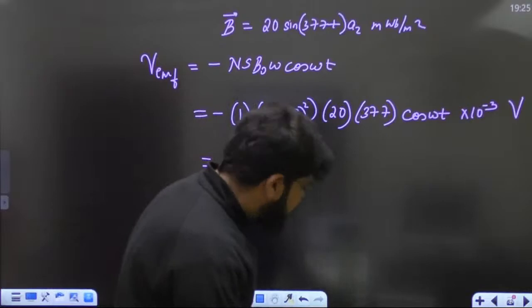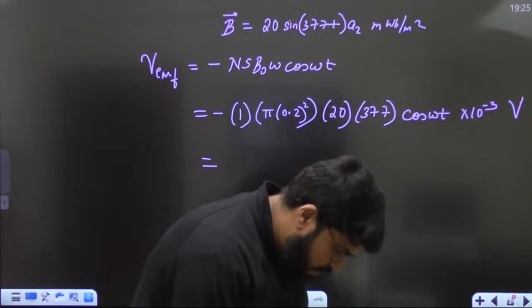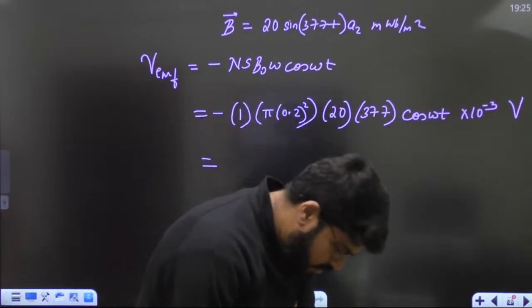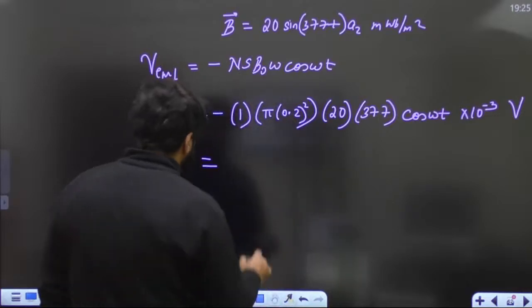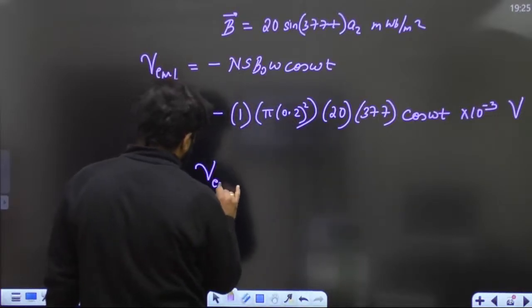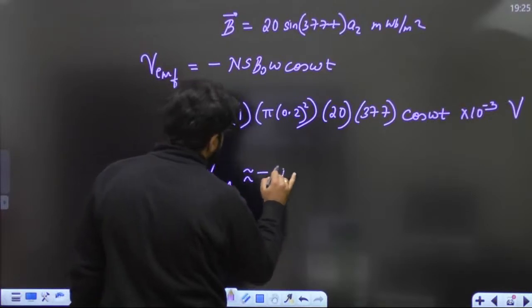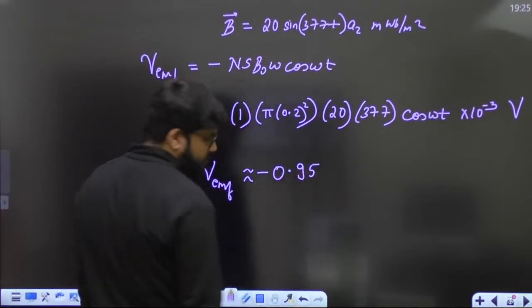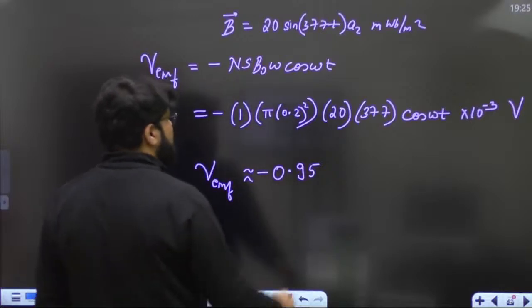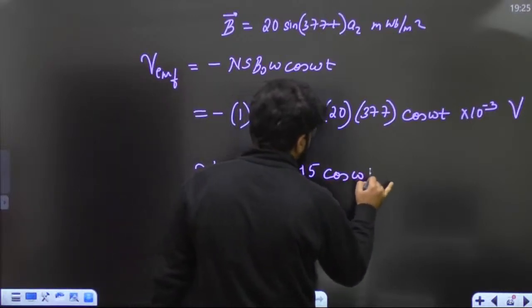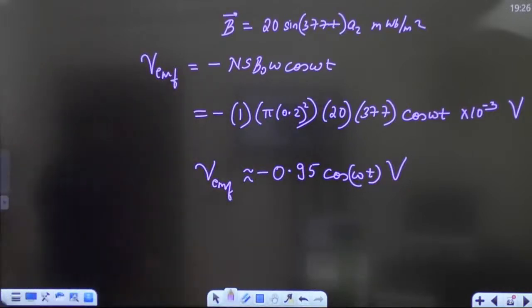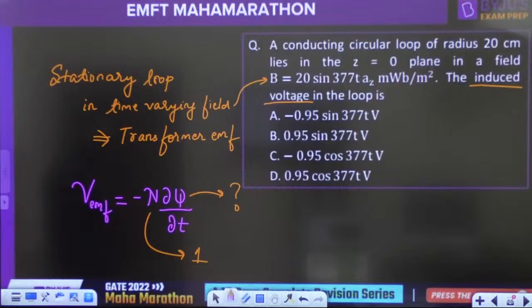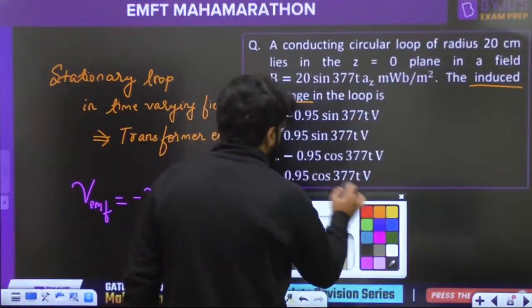The final answer is approximately minus 0.95947, so minus 0.95 cos omega t. This is the induced EMF function.